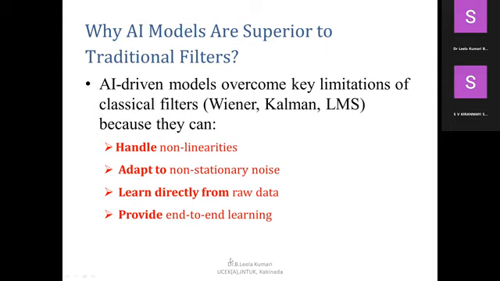CNN learns spatial and spectral features, and RNN and LSTM learn time-varying signal behavior. Autoencoders learn to denoise the signal, and GAN can generate clean versions of noisy signals. This data-driven approach allows AI to overcome the limitations of classical filters, especially in non-linear, non-stationary communication environments.